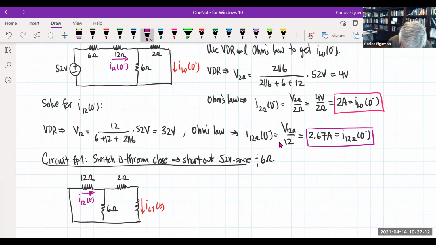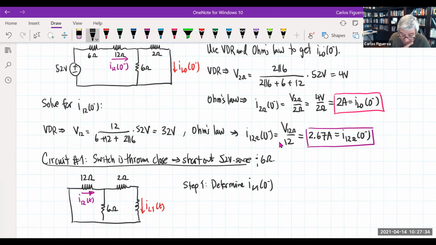So now I'm going to keep doing the same thing that we did. To solve the circuit, I'm going to go through the steps here. So the first step is that I need to determine IL of 1 at 0 minus. Well, the inductor has to have the same value here.